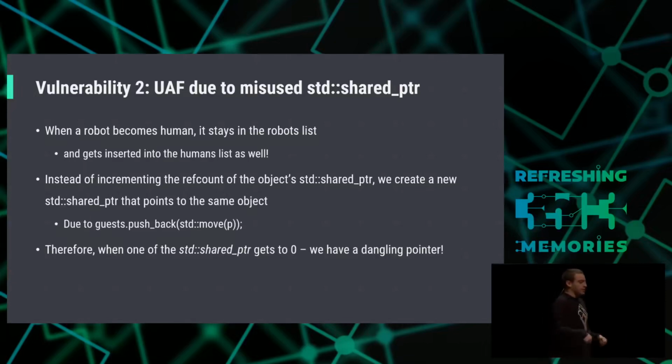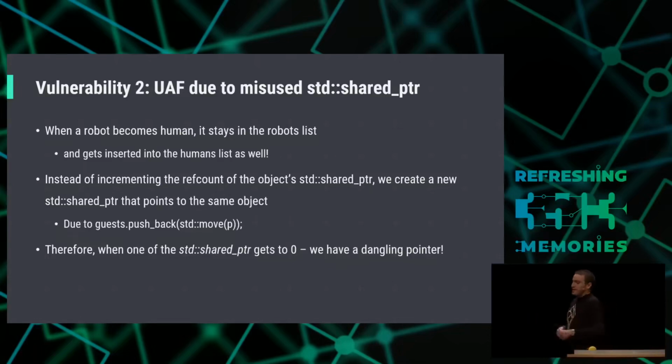So the challenge uses shared pointers, which are a wrapper for a pointer with a ref count, which simply counts the number of objects that took a reference to you. Each time some other object takes a reference to you, it increments the count by 1. Each time it leaves you, it decrements the count by 1. And when the ref count reaches 0, the object can be freed.